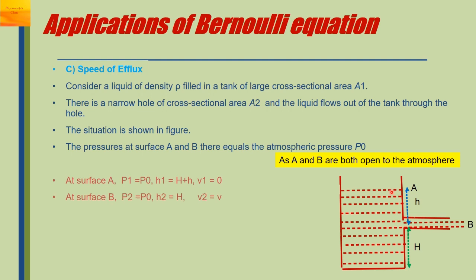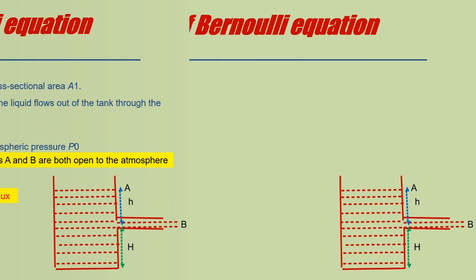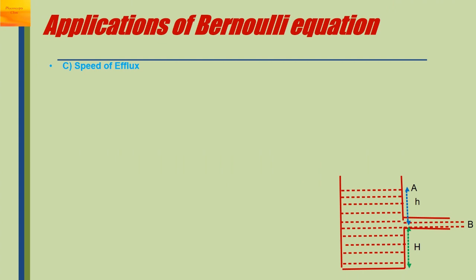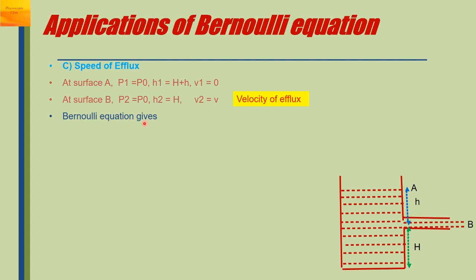In the same way for B, we write down the pressure P2, height H2 and velocity V2. Pressure P2 is the same atmospheric pressure P0, the hole is at a height h, and the velocity V2 we denote as V, which we call the velocity of efflux. Now we substitute all these values in Bernoulli's equation.